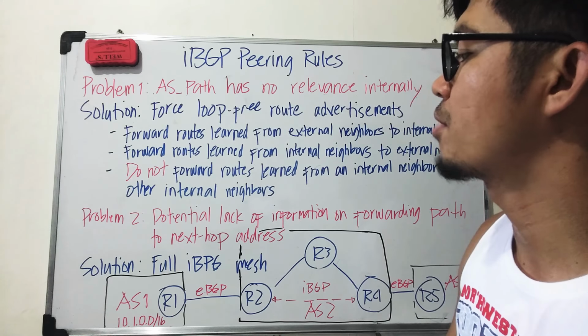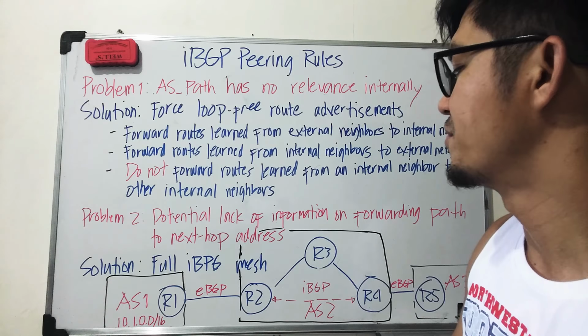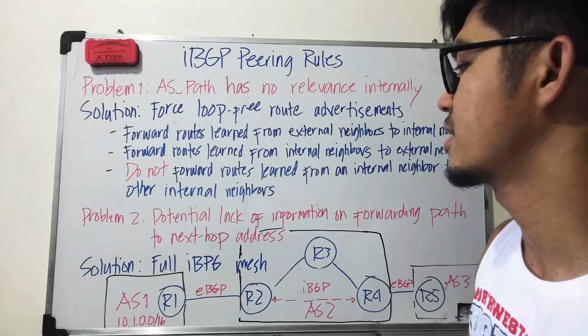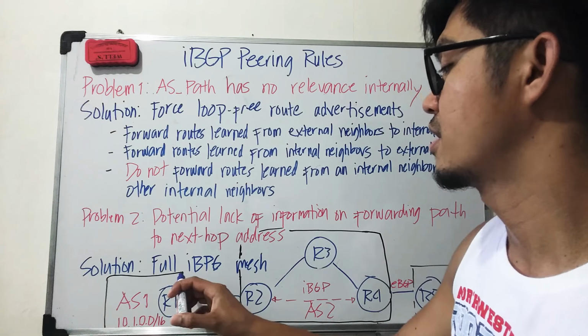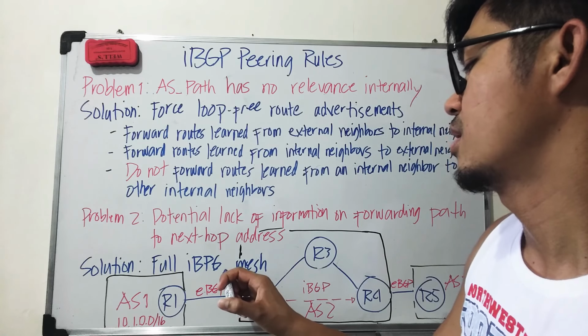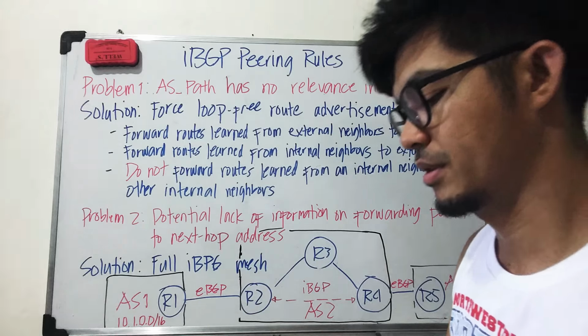Let's talk about problem number 2. Potential lack of information on forwarding path to next hop address. The solution here is use iBGP. Create a full iBGP mesh.